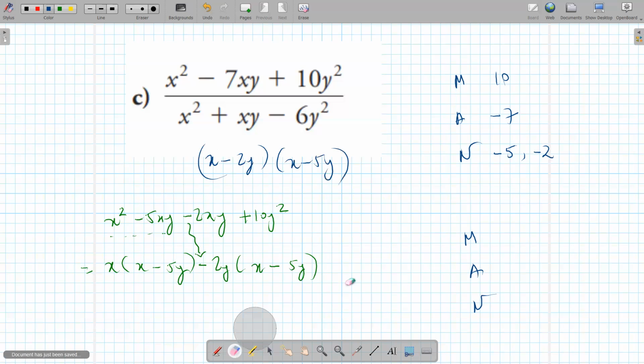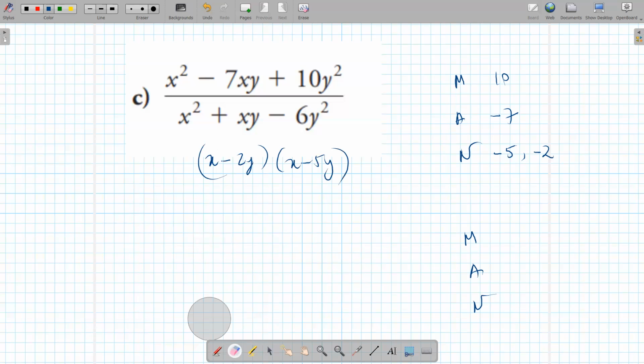See that? And we know the rubric, right? It's going to be x minus something y, x minus something y from the bottom one as well. Multiplies to -6, adds up to +1. What are the numbers? Three and -2.